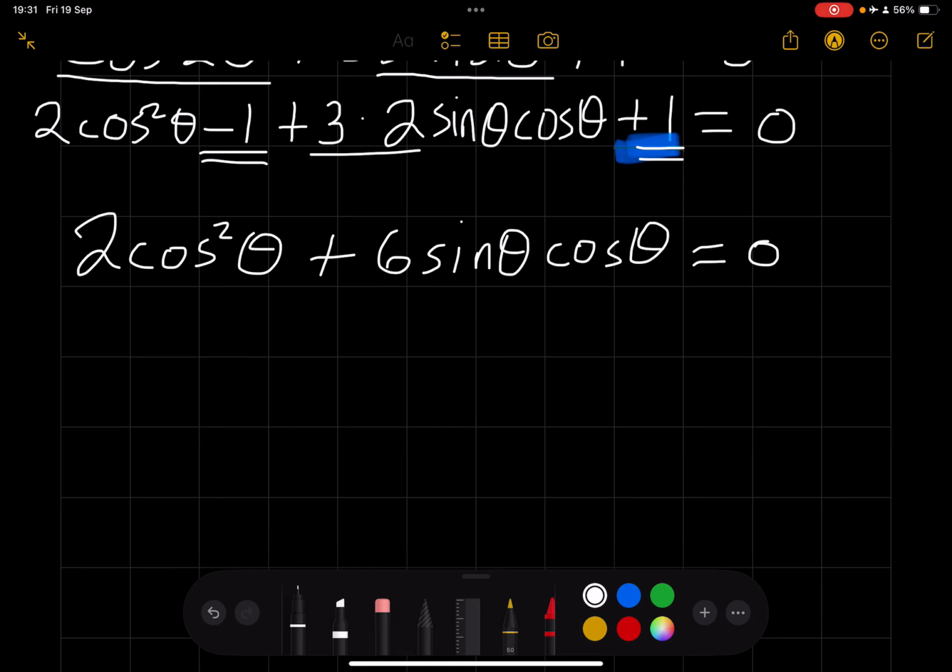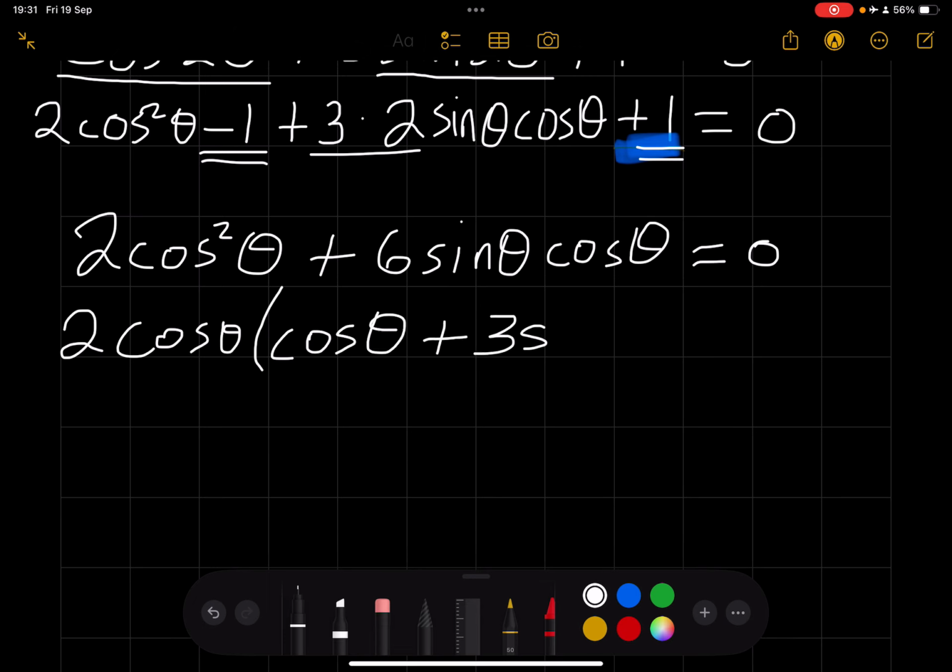It will either be a trinomial, difference of 2 squares, or highest common factor. And in this case, I can see a highest common factor of 2 cos theta. Then on the first term, I'm just left with cos theta. And then on the last term, I'm left with 3 sin theta equals to 0.